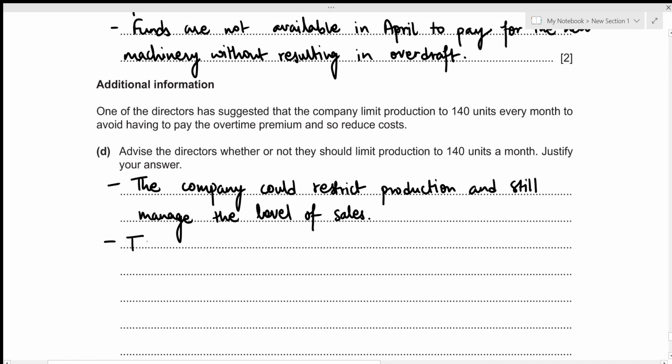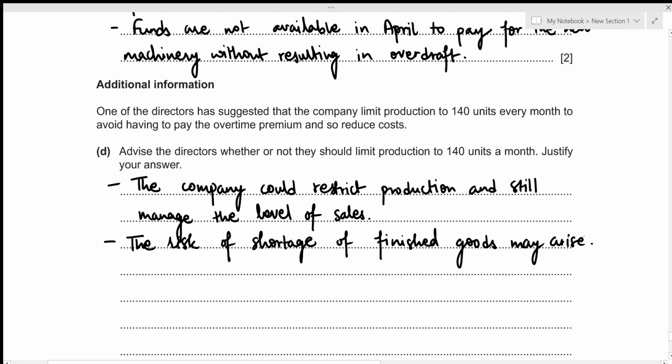The risk of shortage of finished goods may arise. And what we know is that the normal rate for labor is 80, whereas the overtime rate is 10.